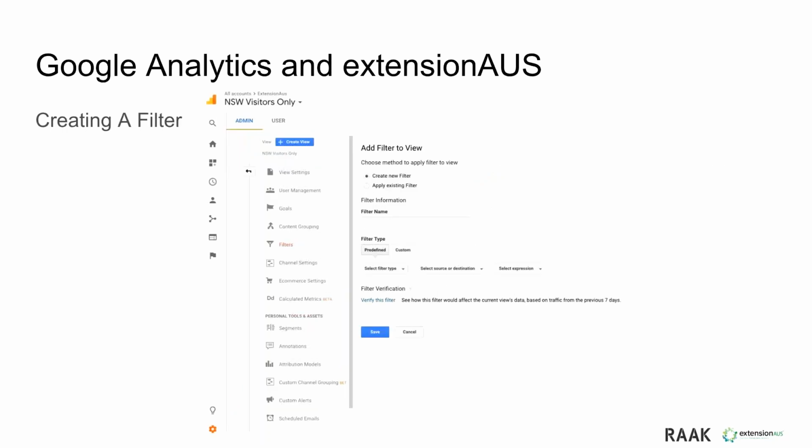Now, creating a filter, and there's a question I think about how you can avoid some of the unwanted visits or unwanted data in your Google Analytics. Well, this is one way to do it. Creating a filter allows you to exclude certain IP addresses or certain domains from, I guess, muddying your analytics data.